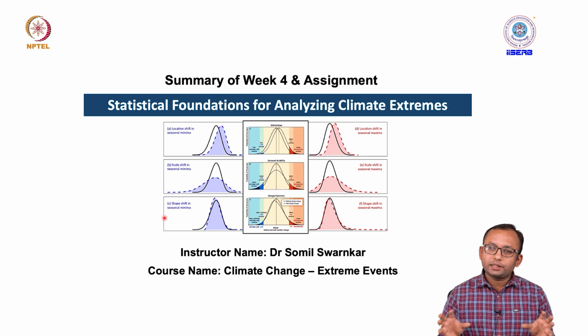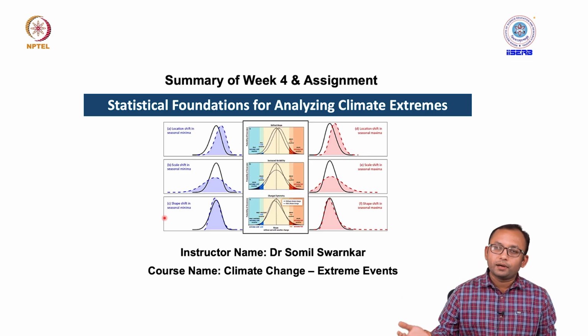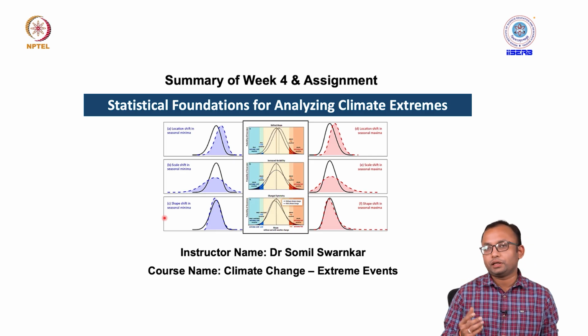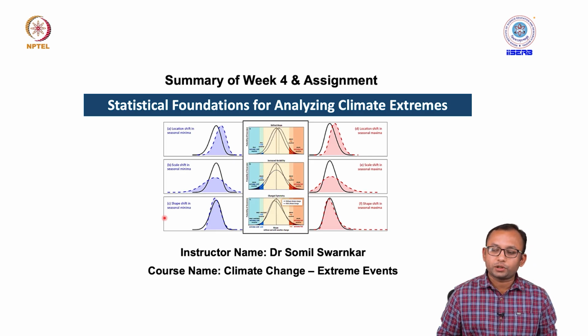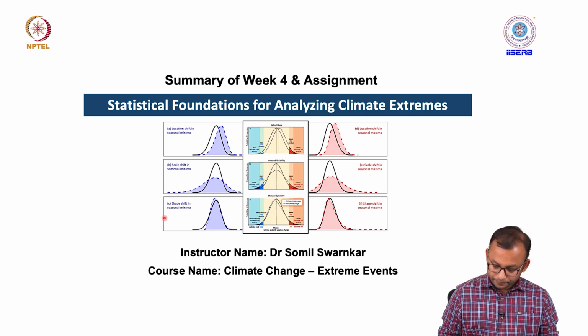So this gives us a very handy tool to quantify the magnitude of change in your system based on your observed or satellite data set, or maybe we can use reanalysis or projected climate data set as well.